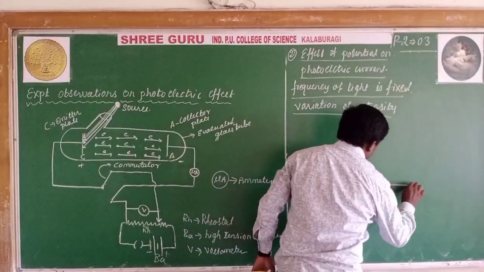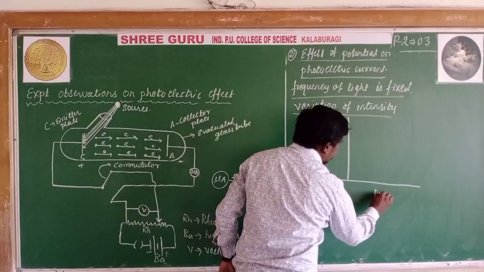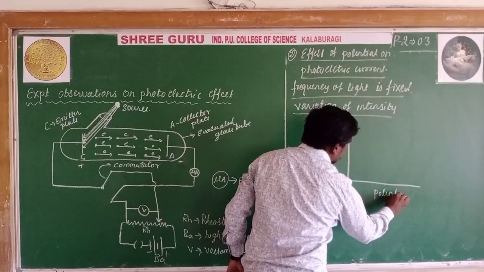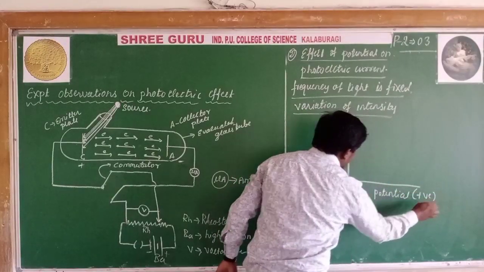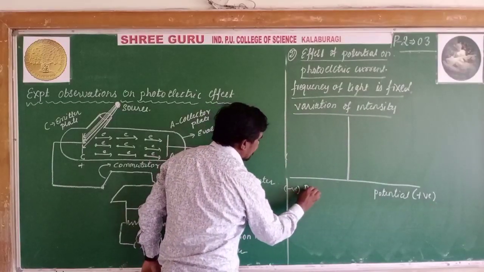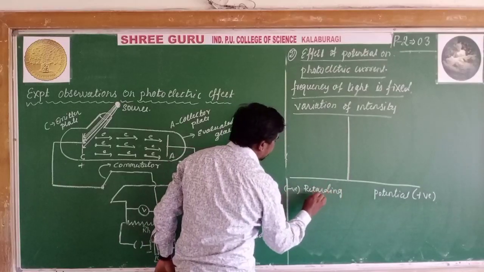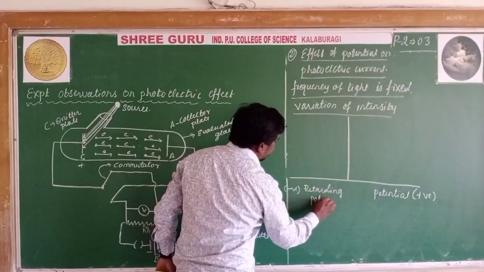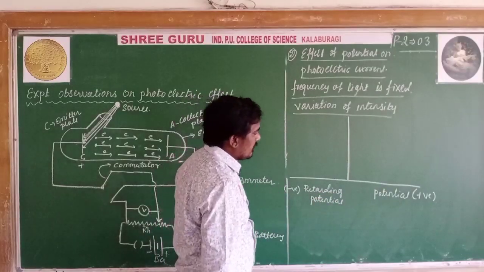Now, variation of photocurrent: this is a positive potential, and this is a negative potential that we call a retarding potential.